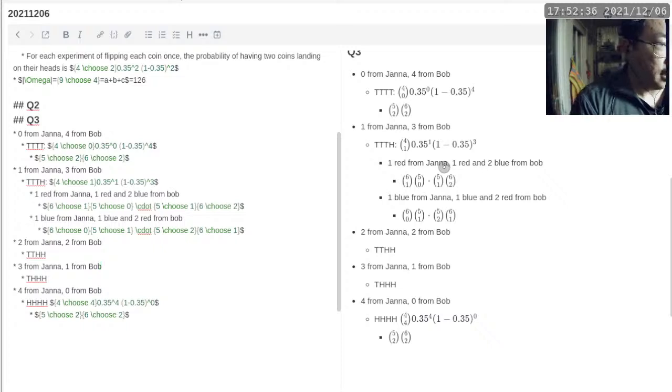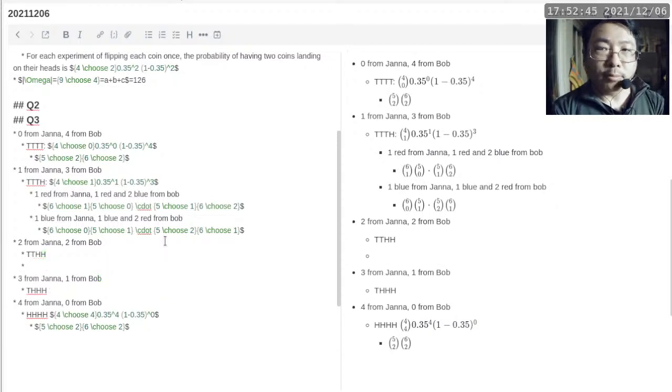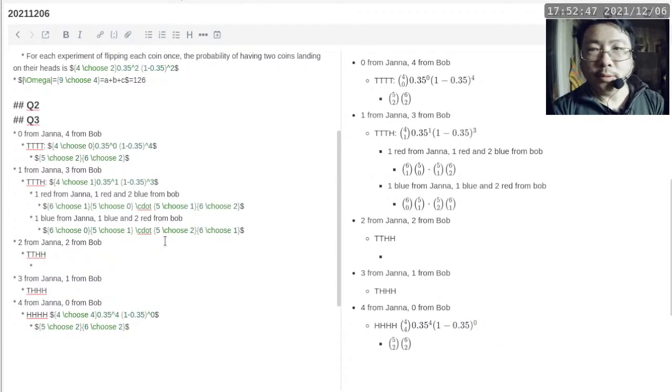It's just that the way you work out the details is a little different. Can I say that again? The possibilities? Okay, sure. So let me just write down the actual subcases. In this case we have 1 red, 1 blue from Jana, and then 1 red, 1 blue from Bob. So that's 1.